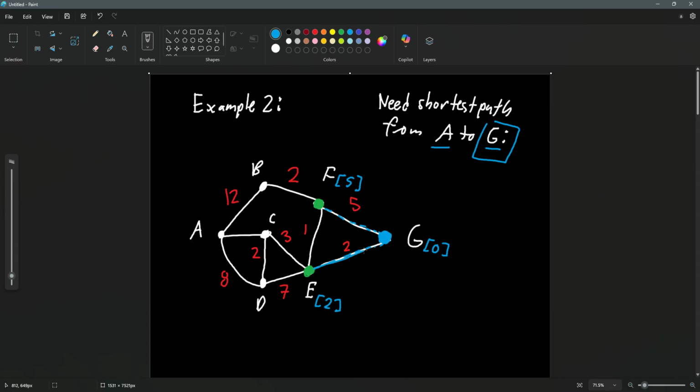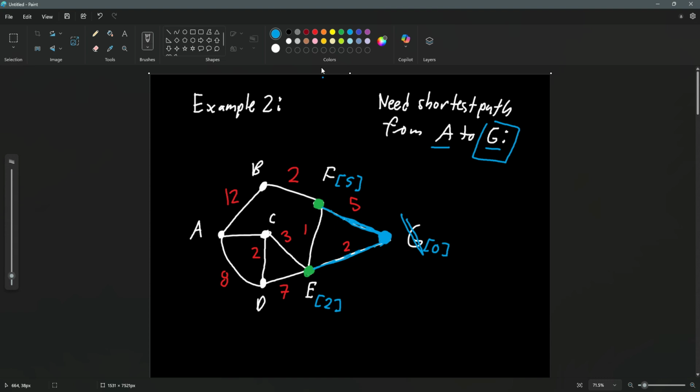Okay, so these two edges we've already talked about, so we're going to mark them down. And then, check it out, we've talked about all the edges attached to G, so we're going to call G visited, and we're done with it for now.